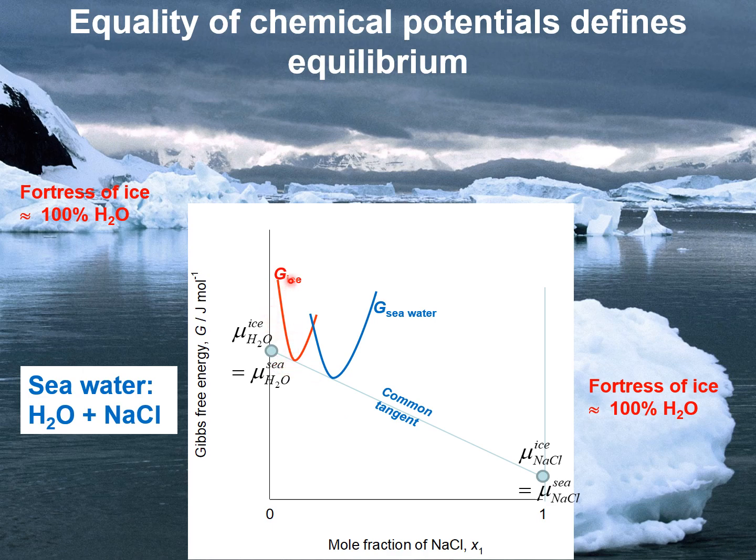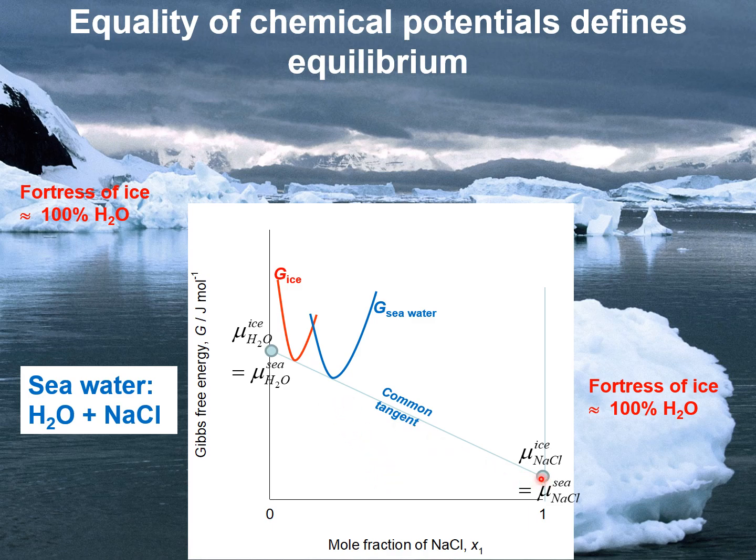The phase equilibrium between the ice fortresses and seawater is described by the common tangent between the two curves. And this tangent intercepts the x1 equal to 0 axis at this point, which represents the chemical potential of water in the ice that is also equal to the chemical potential of H2O in seawater.